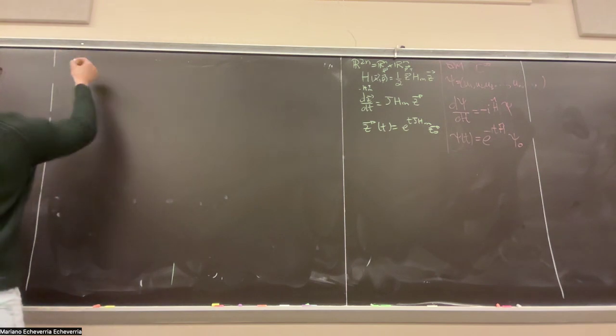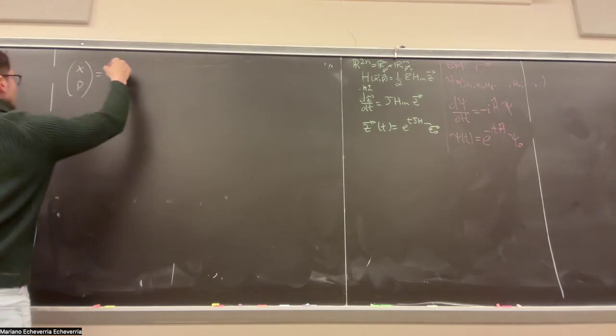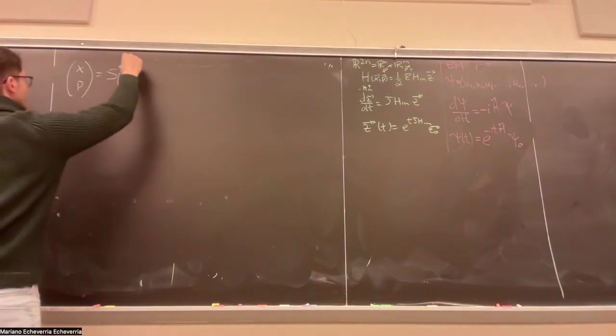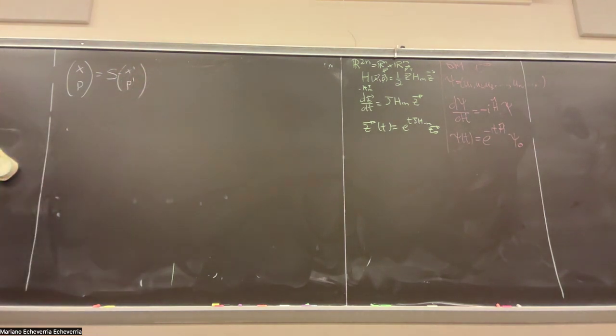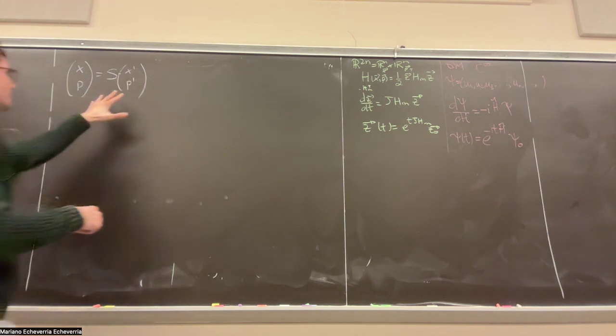Just as a reminder, when I originally defined a symplectic matrix, it was in this setting where the coordinates x, p were expressed in terms of the coordinates x prime, p prime. So this is a linear change of variables.